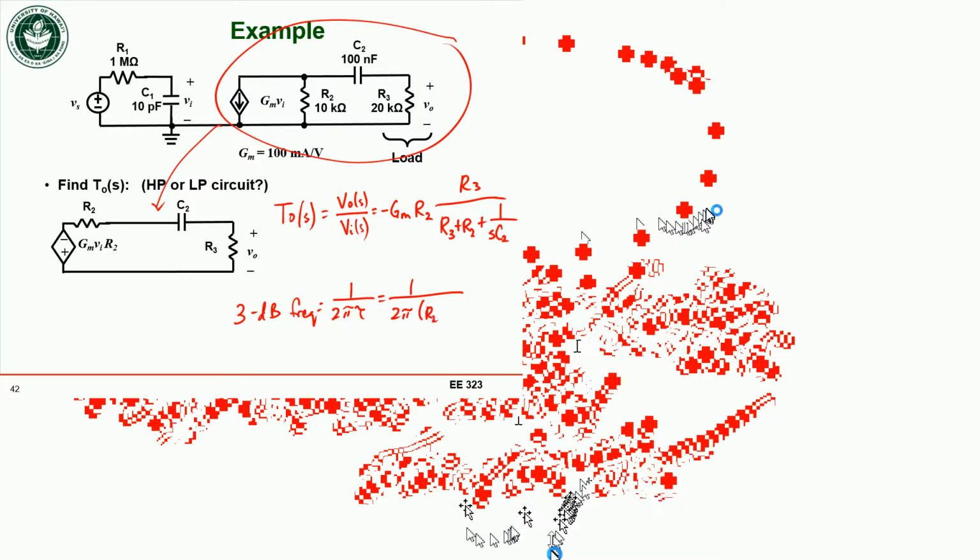So it's R2 plus R3 times the capacitance, which is C2. And this comes out to 53 hertz. Okay, that's where we ended. So is this a good audio amplifier? By the way, this is a high-pass circuit.